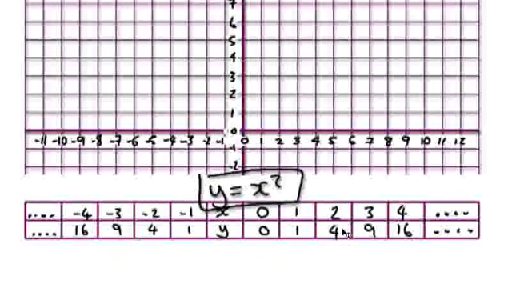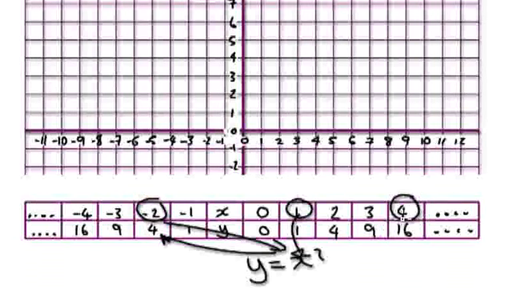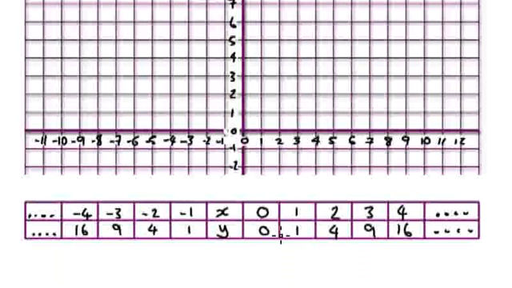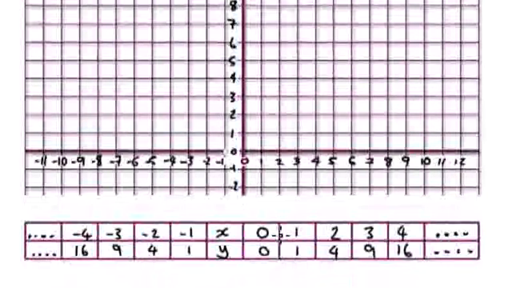So draw yourself a table like this. When x equals 2, put it into here, it will give you 4. If you put +4 into here, it will give you 16. Well, create yourself a table like this, and then plot a graph to see what's going on.